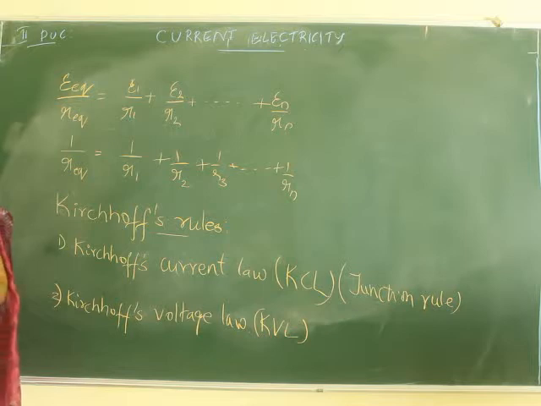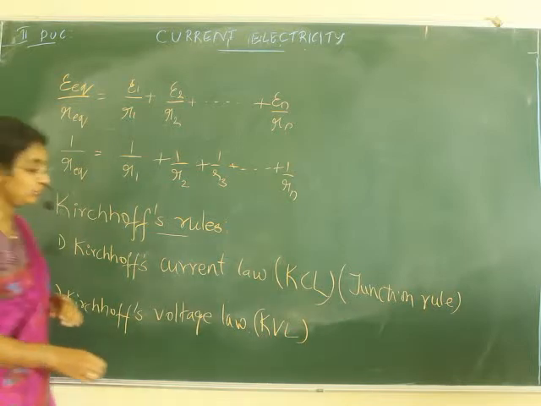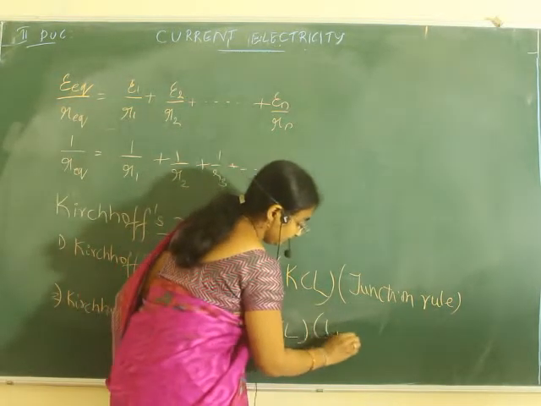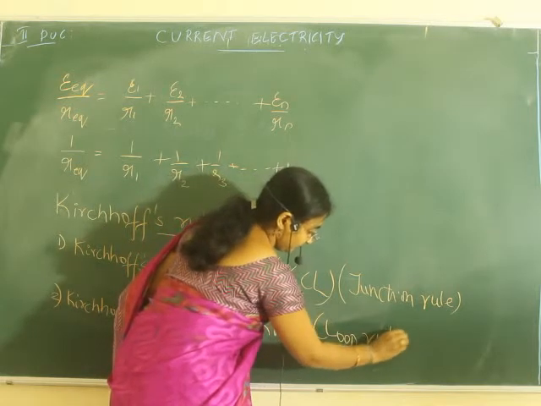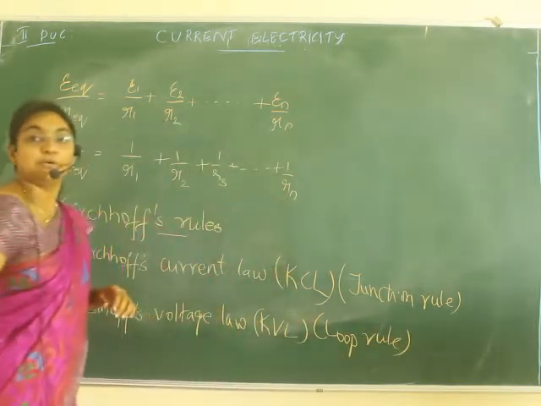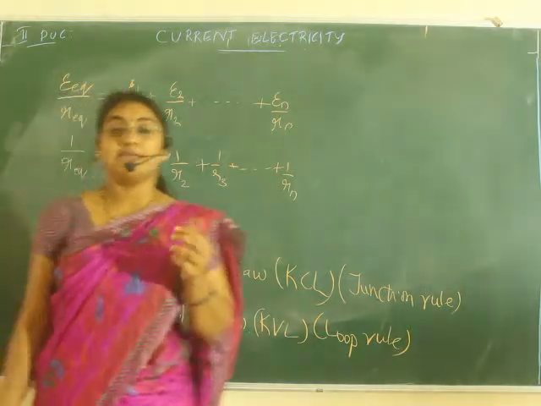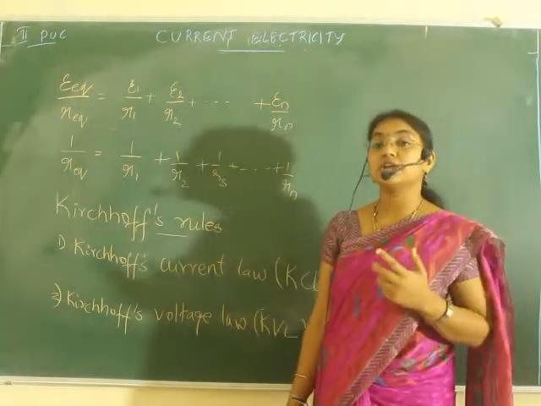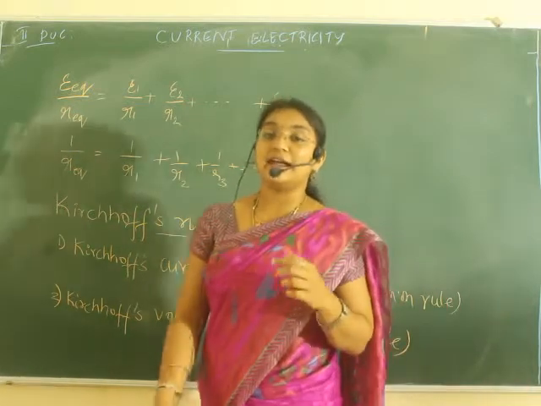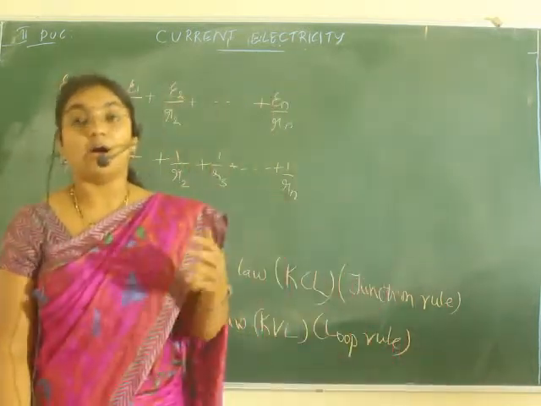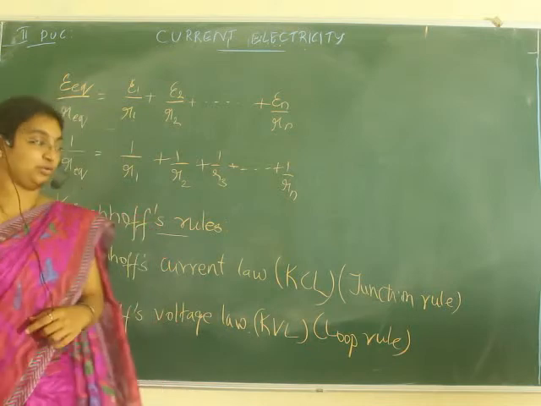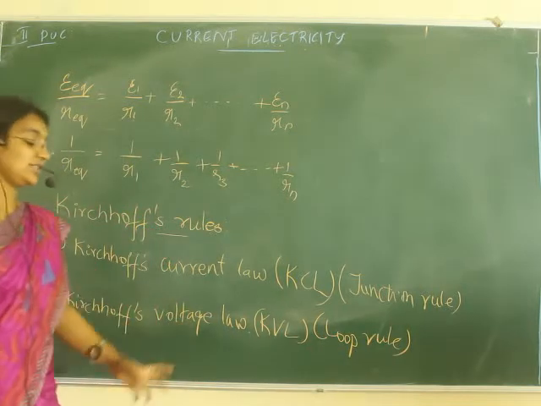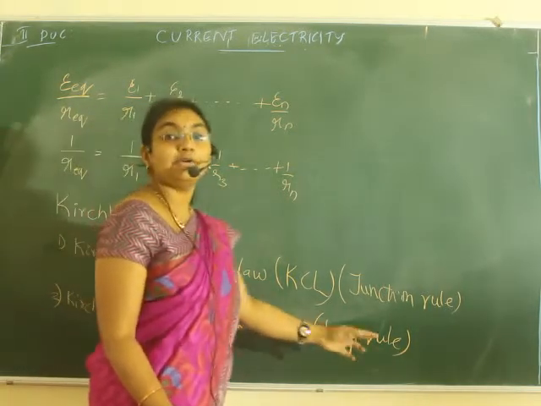It can be called loop rule. So there are two rules. First rule is Kirchhoff's current law. Second one is Kirchhoff's voltage law. Kirchhoff's current law is also called KCL or junction rule. Whereas Kirchhoff's voltage law is also called KVL or loop rule.